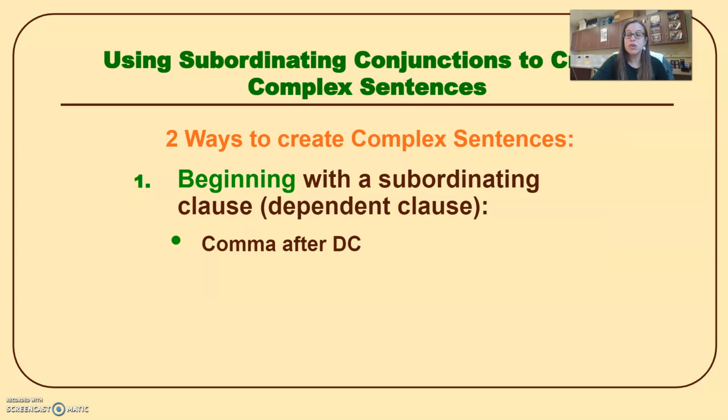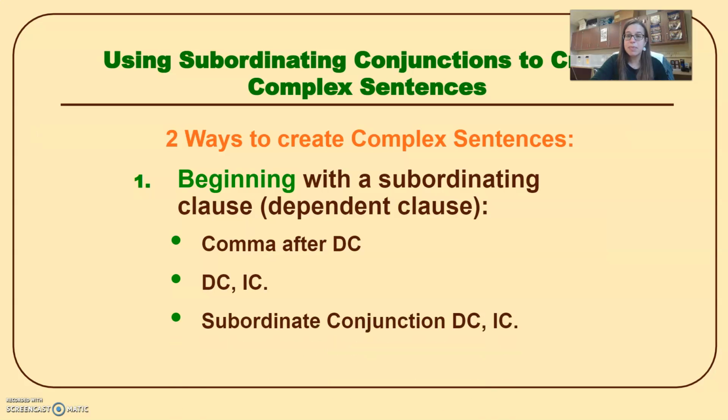So what this means is when you start a complex sentence with the dependent clause, you want to have a comma after the dependent clause, and this is what you're going to have to learn and memorize. So it'll look like this: dependent clause, comma, independent clause. So another way to look at it is the subordinate conjunction starts the dependent clause, then you have your comma, then you have your independent clause.